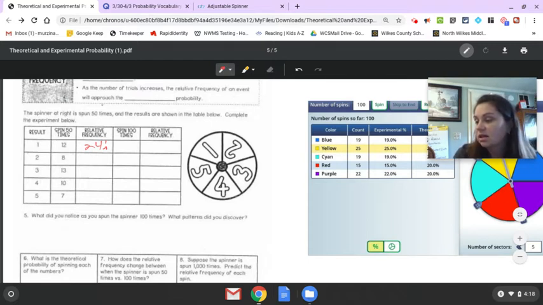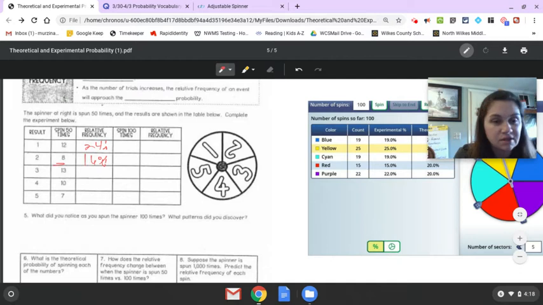Next, it is how many times did we spin a 2? Out of those 50 times, we got it 8 times. So 8 divided by 50, because it's how many times did we get it, divided by the total number of trials. And 8 divided by 50 is 16%. I need a better stylus.